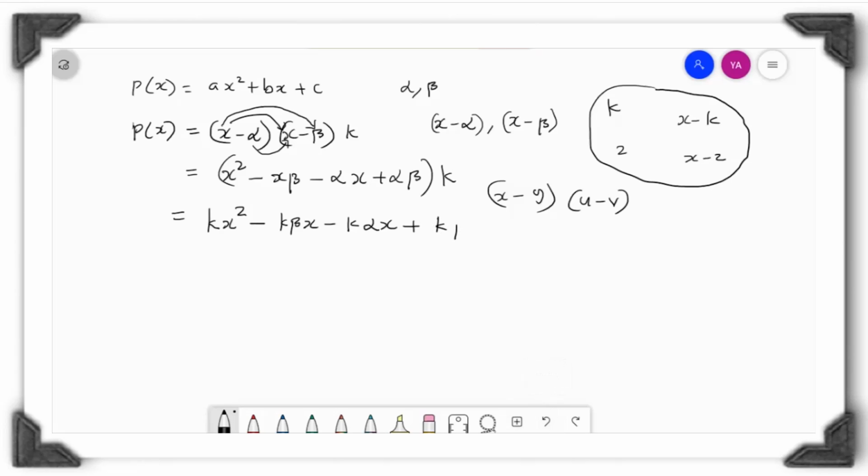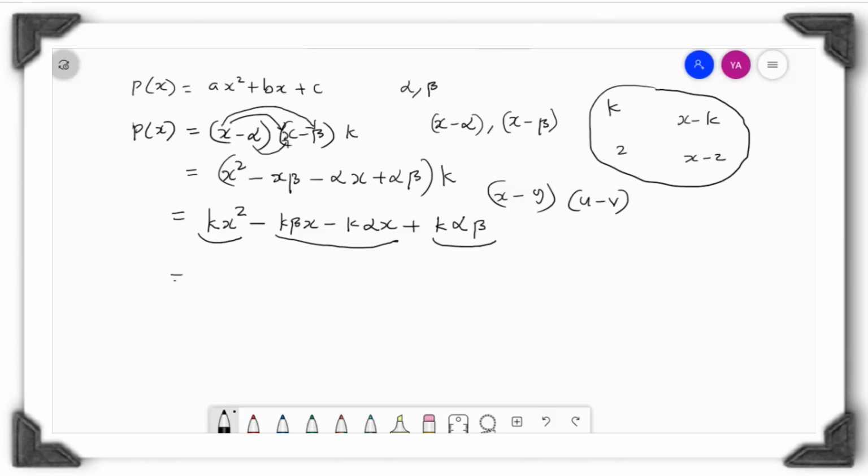Here the x square term is kx square. This is the constant term: k is a constant, alpha is a constant, beta is a constant. But in the middle both are x terms. They are like terms, so you can add them.